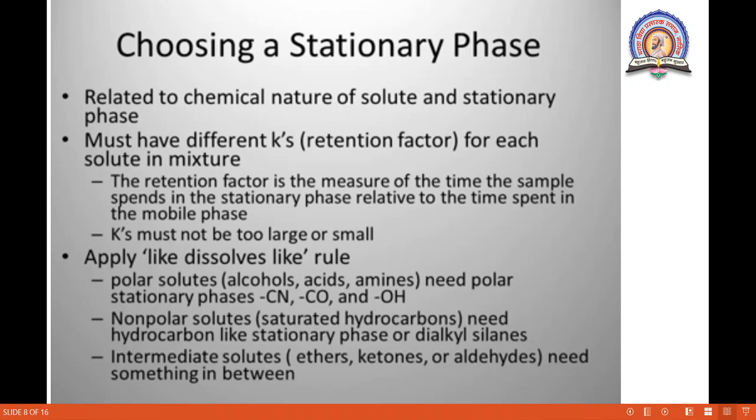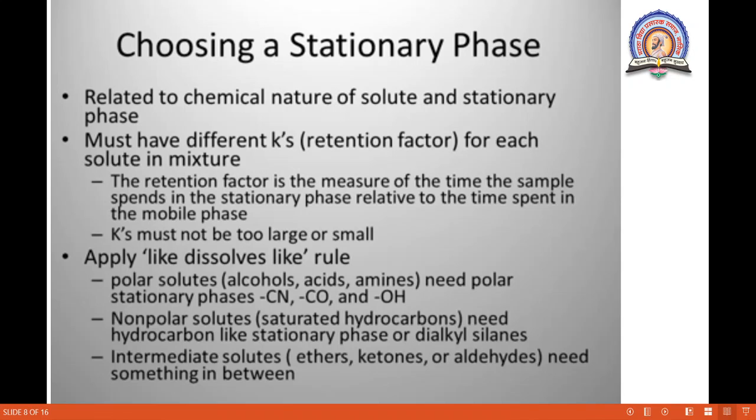Okay, it means how much time the compound spends in the stationary phase and how much time it spends in the mobile phase, that is the retention factor. And this retention factor should not be too large or too small. It should be of a proper value.